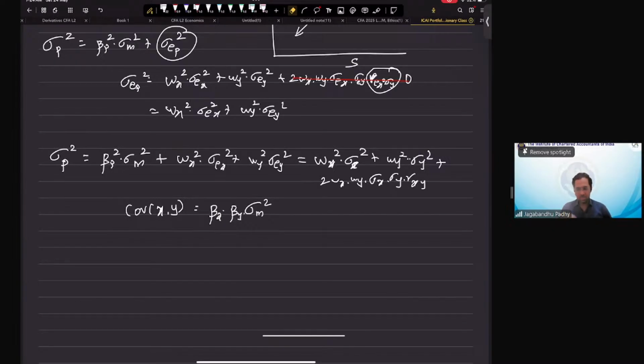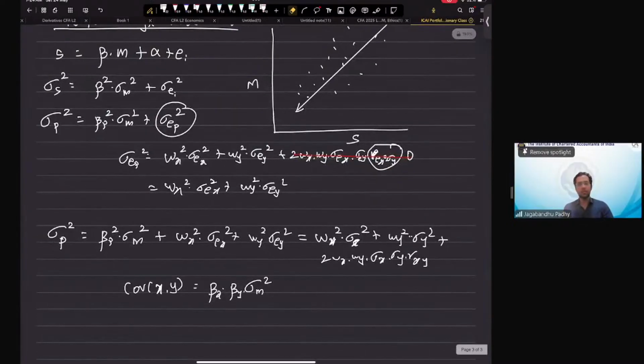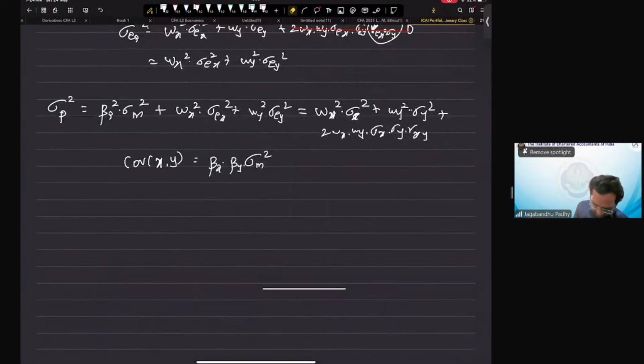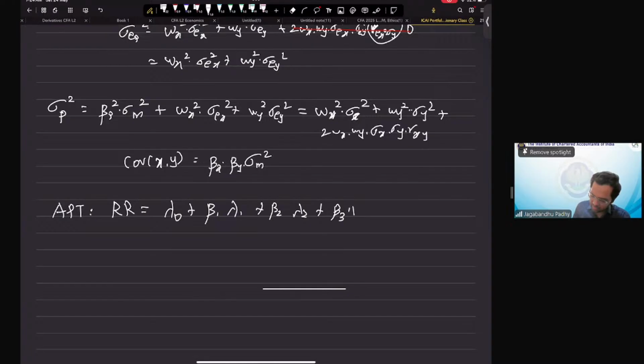So these are the formulas that we have covered in the regular sessions, and I've also given a justified derivation for these formulas. One last model which we have in the portfolio is the arbitrage pricing theory. In arbitrage pricing theory, required return was lambda 0 plus beta 1 lambda 1 plus beta 2 lambda 2 plus beta 3 lambda 3 and so on.